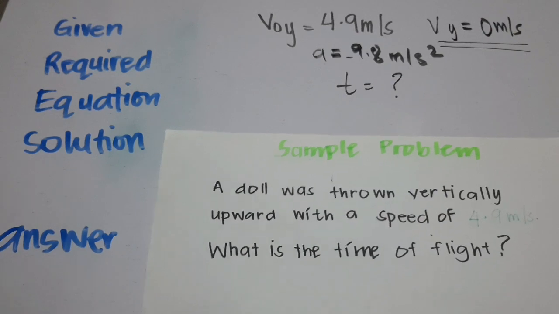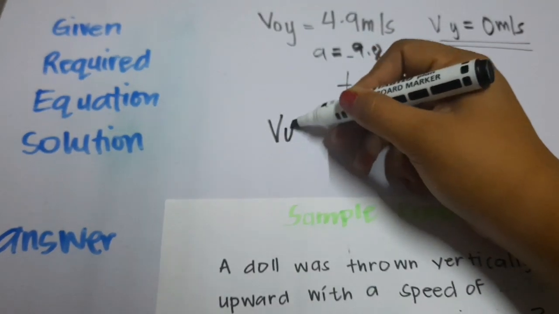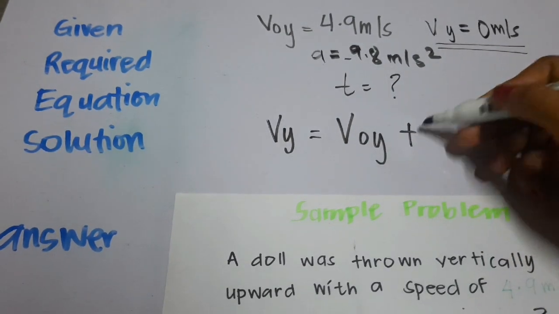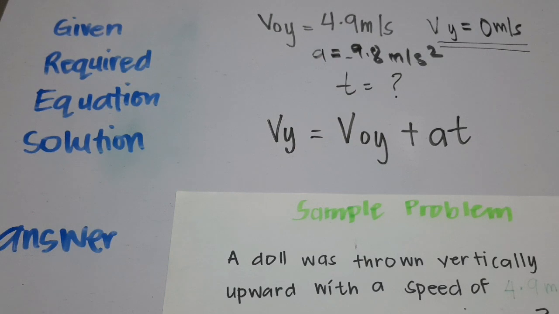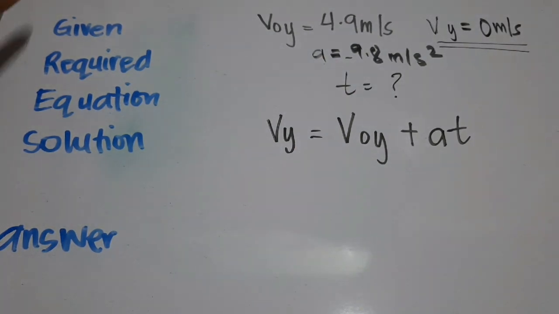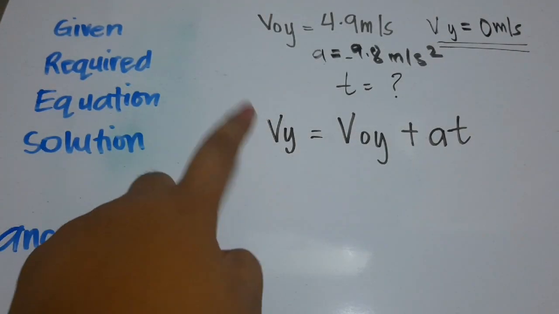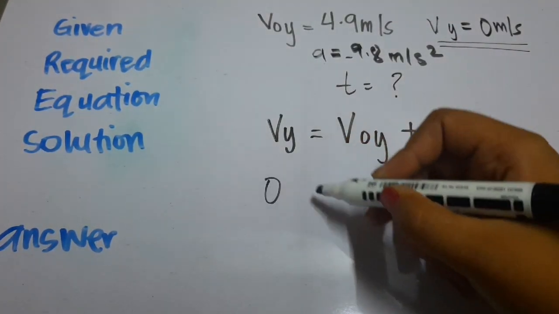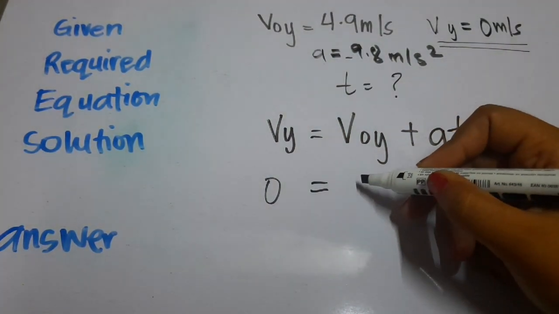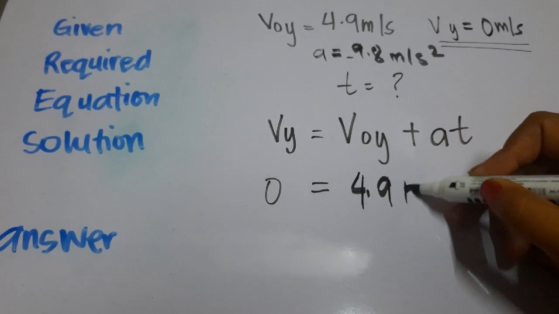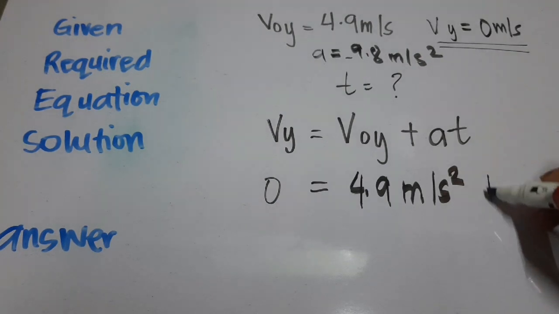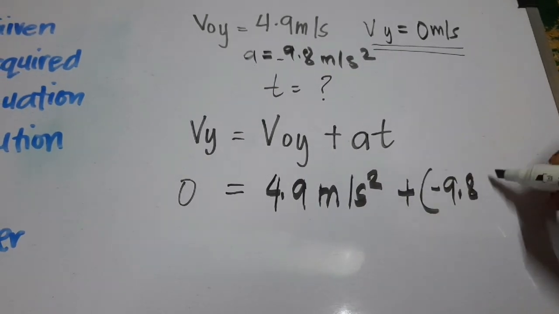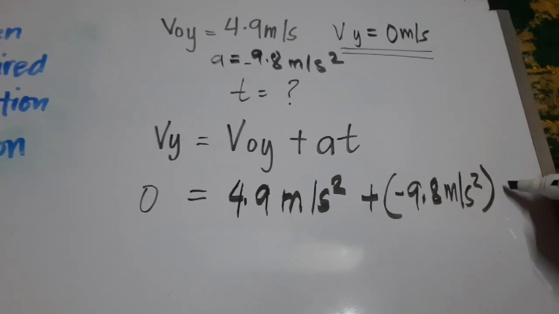Therefore, the equation we will be using for this problem is Vy is equals to, or the final velocity is equal to the initial velocity plus the acceleration times time. Okay, so to solve this problem, we must transpose all the values here on our given formula. So Vy, or the final velocity, is 0, equal to the initial velocity, which is 4.9 meter per second, plus the acceleration, negative 9.8 meter per second squared, multiplied by the time.